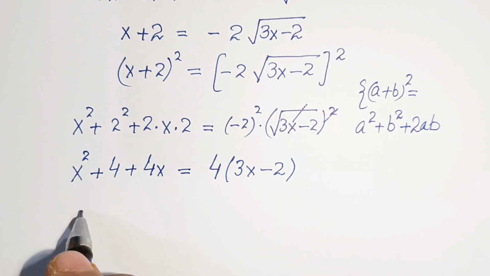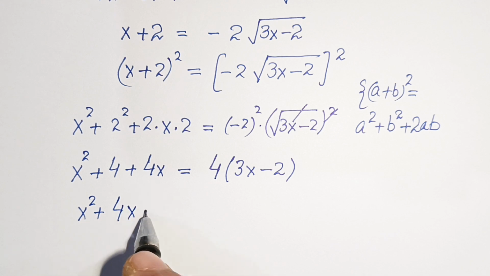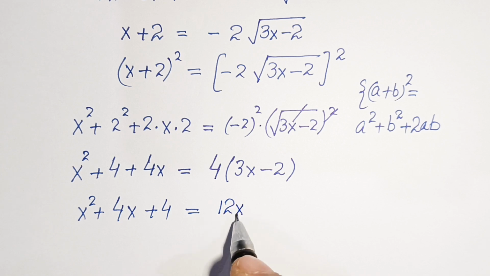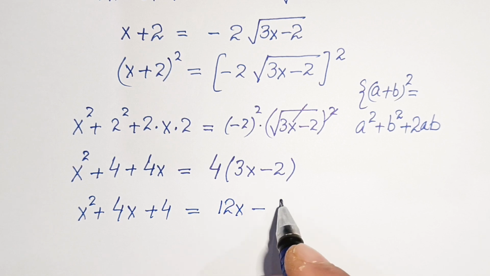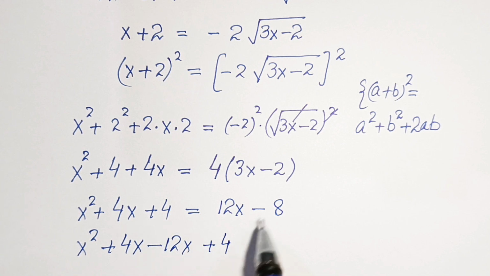Now x squared plus, we can rearrange this, 4x plus 4 is equal to 4 times 3 is 12x minus 4 times 2 is 8. Now x squared plus 4x, and shifting this one we get minus 12x, this plus 4 and minus 8 will be plus 8 is equal to 0.